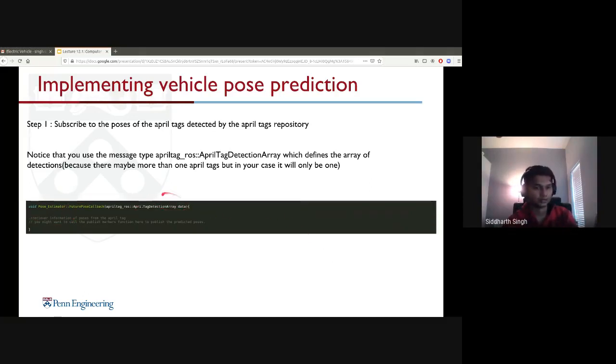It'll get the data from the April tags detection array and use that information. It's an array because there can be more than one April tag in the view. The April tags library assumes that, so that's why it says an array. But one element of the array will correspond to one single detection and its pose and orientation.